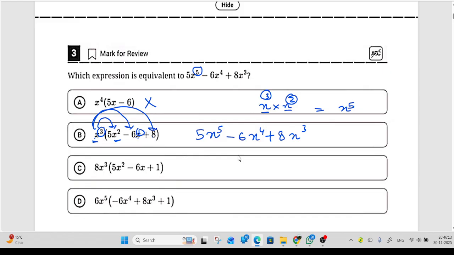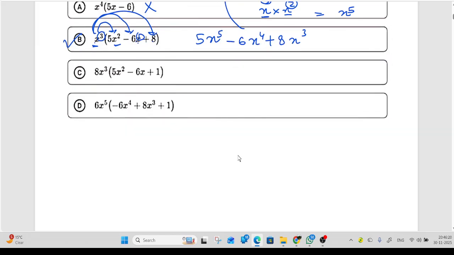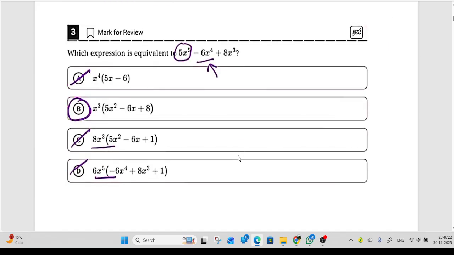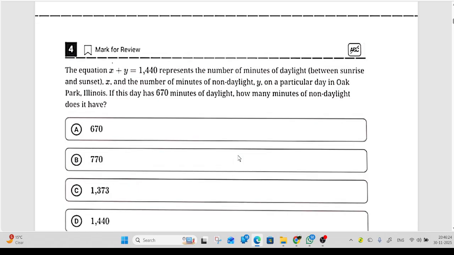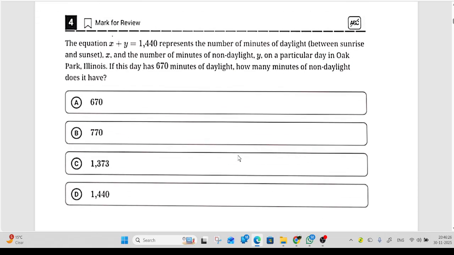So this is giving me this expression, right? So option B is correct. Okay, let's see the next question.